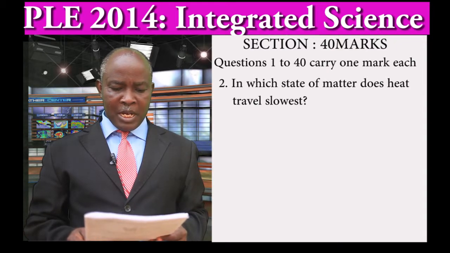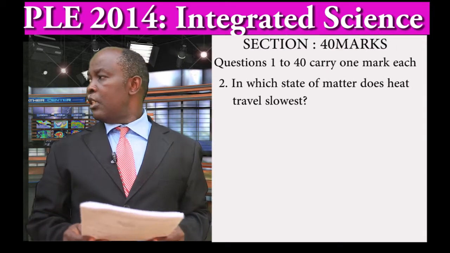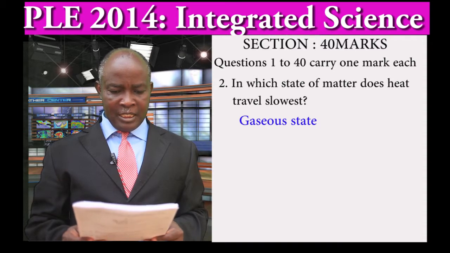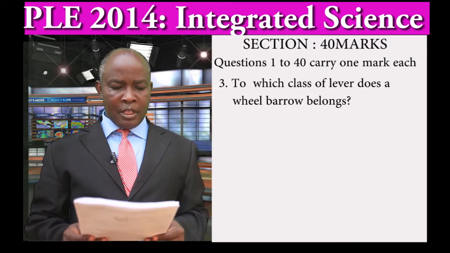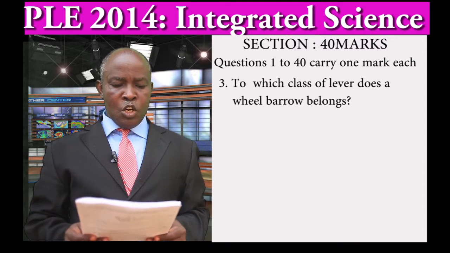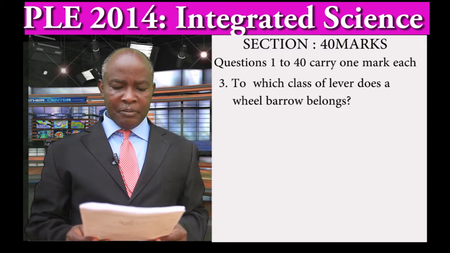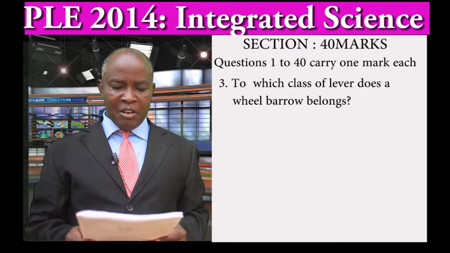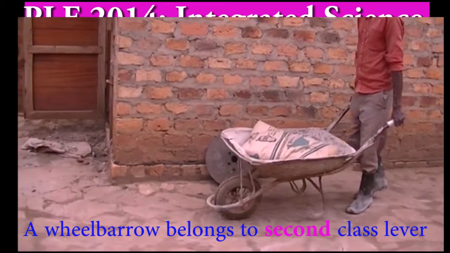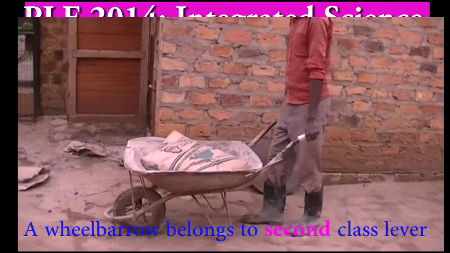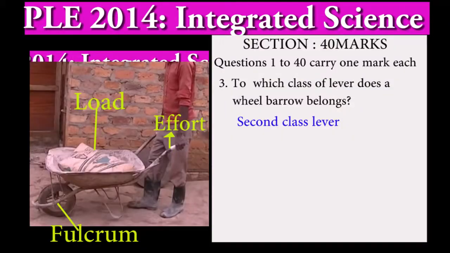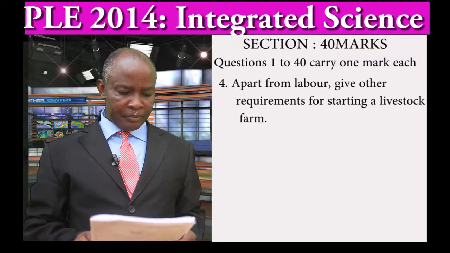Gaseous state. Number 3. To which class of lever does a wheelbarrow belong? A wheelbarrow belongs to the second class of lever. In the second class lever, the load is between the fulcrum and the effort.